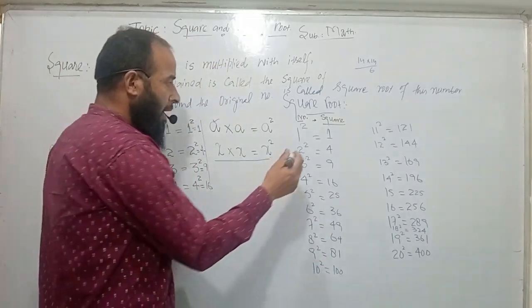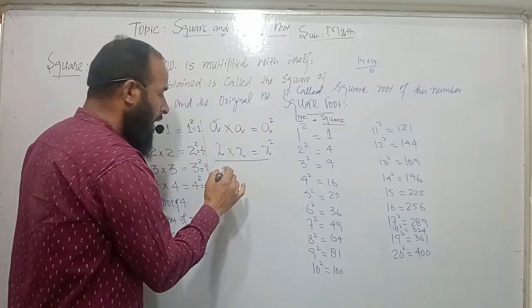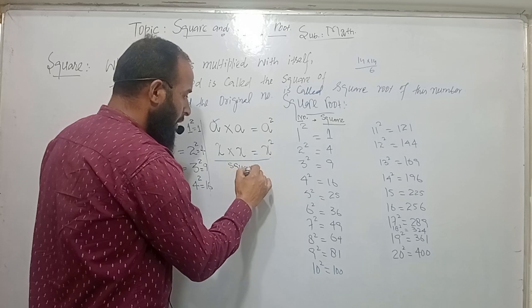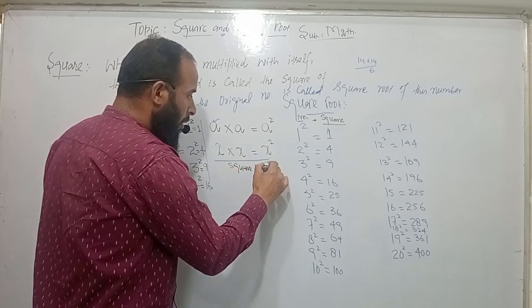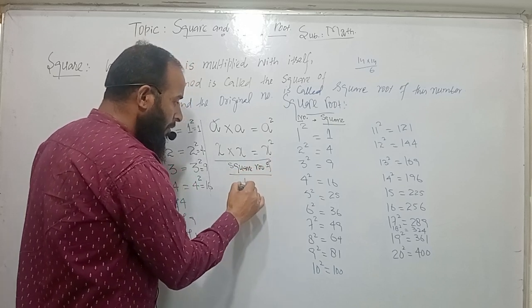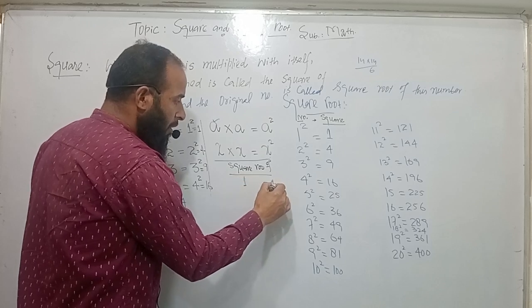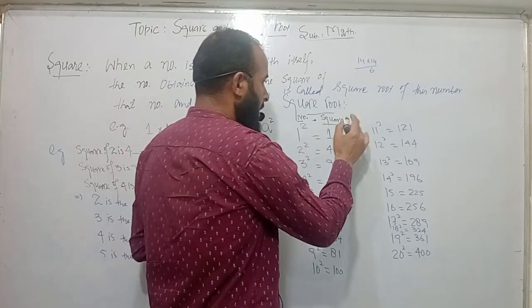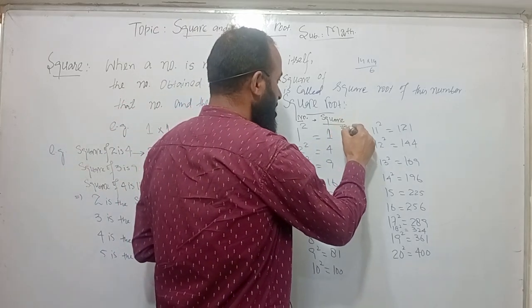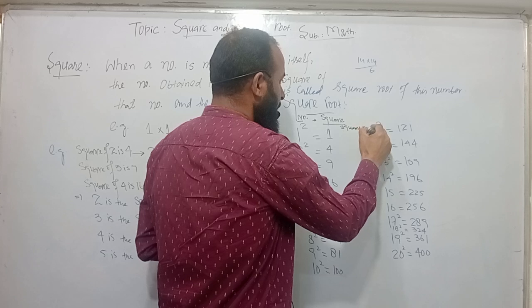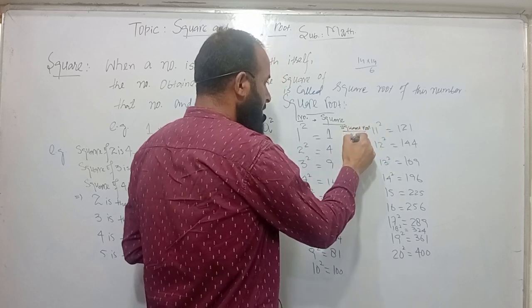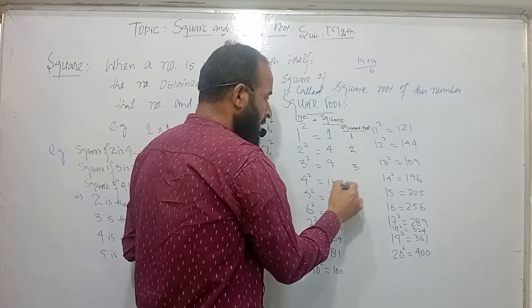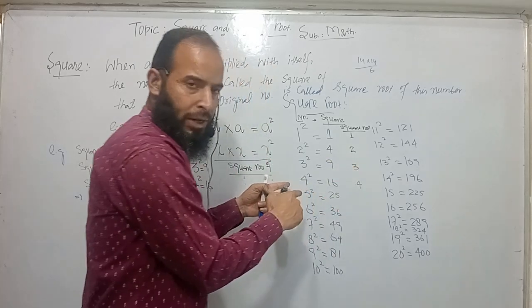तो अब अगर यहाँ पे हम लिखेंगे कि square root of, I will write here square root of, okay, first 1 is 1, square root of these numbers, या हम इनको यहीं पे लिखेंगे, this is square and this is square root. तो square root of 1 is 1, square root of 4 is 2, square root of 9 is 3, 16 is 4, यही original number.